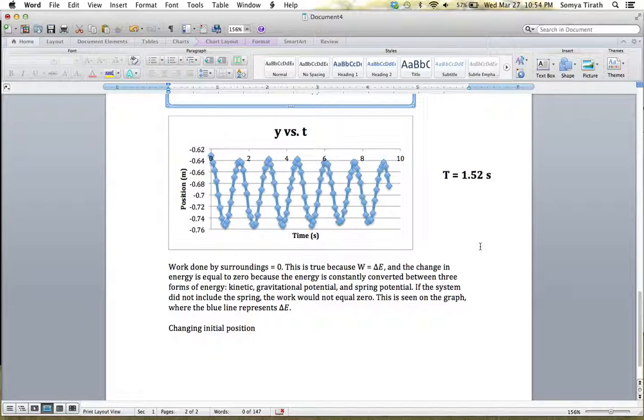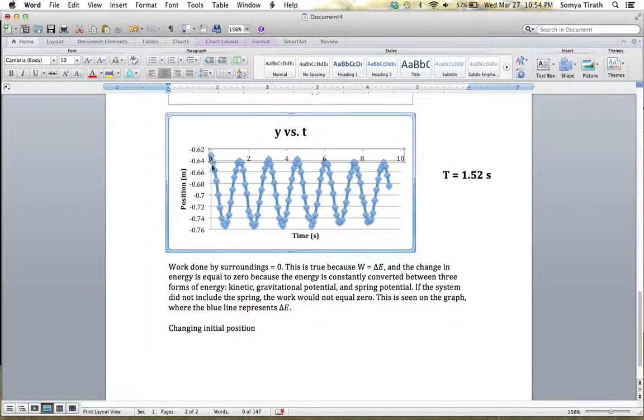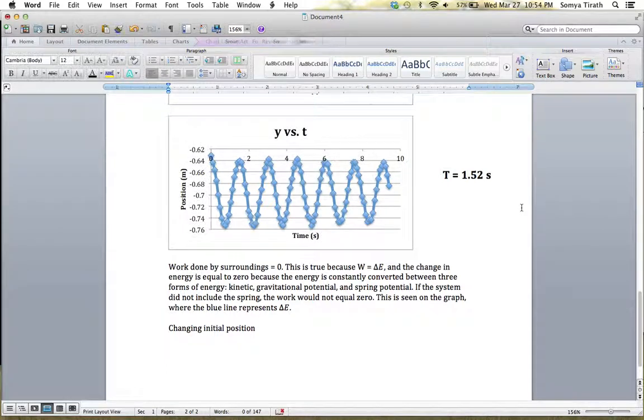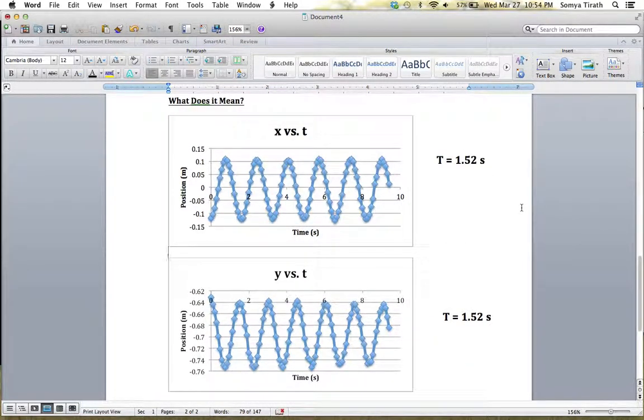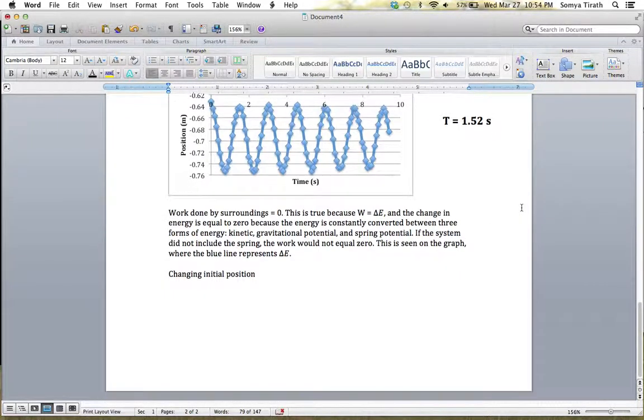The same procedure was done for the position in the y direction, and the same exact period was actually found. We took the distance from this point to this peak point and found a period of 1.52. So the fact that these two are the same shows a high level of accuracy because that is the amount of time it takes for one period to be completed in both directions.